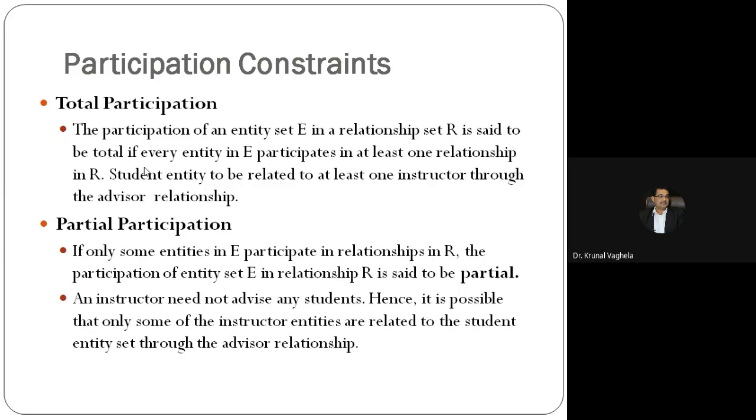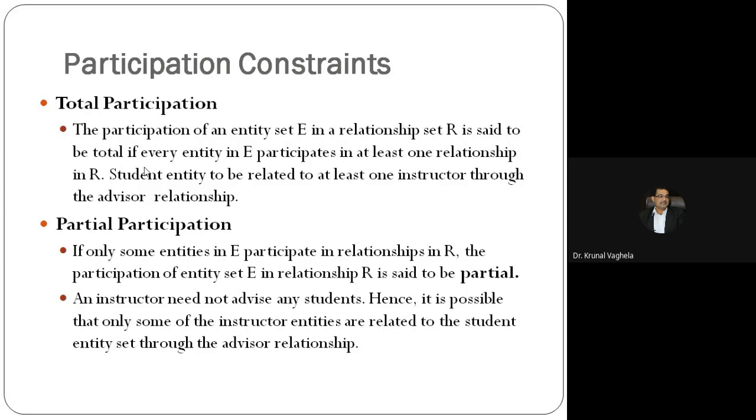Now the second type of constraint is participation constraint. First I will do the definition and then I will give you the example. The first one is total participation and the second one is partial participation. Let's understand, this is a little bit tricky.